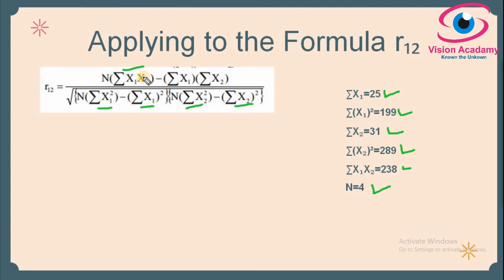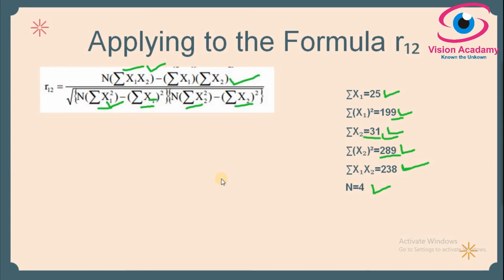So here n is 4 and summation x1 x2, I will replace in this formula by 238. Summation x1 is 25, summation x2 is 31, summation x1 square is 199, and summation x1 whole square is 25 square. Summation x2 square is 289, and summation x2 whole square, summation x2 is 31 square.